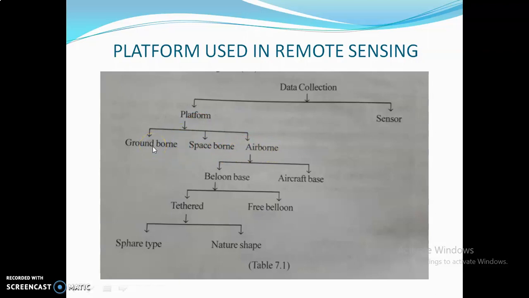Means it may be over the surface of the earth, where the cameras are placed, or in space, or in the air. Airborne platforms can again be divided into balloon based and aircraft based. Now balloon based platforms may be tethered or free balloons. Balloons were one of the early modes of platform. Cameras were fitted on balloons; some were tied with thread, so they were connected, and some were set free with the camera to take the photograph. And tethered ones may again be sphere type or natural type.